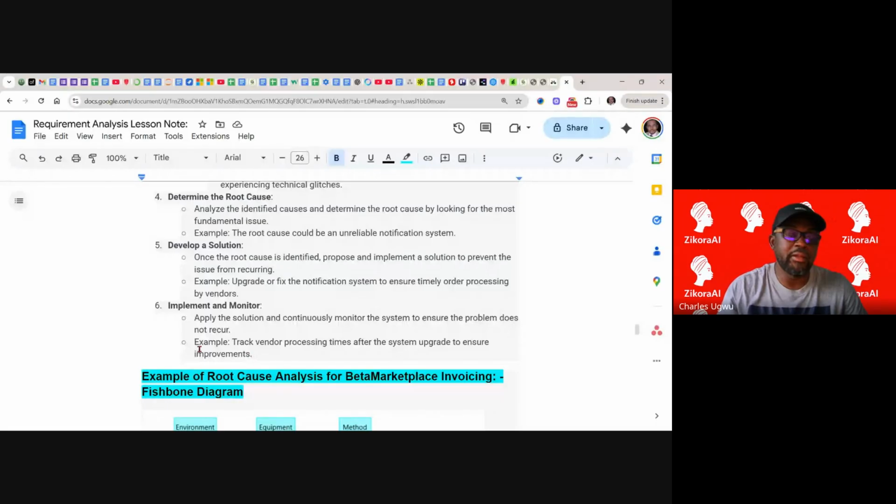Okay, then you implement and monitor. Apply the solution and continuously monitor the system to ensure the problem does not reoccur. Track vendor processing time after system upgrade to ensure improvement.